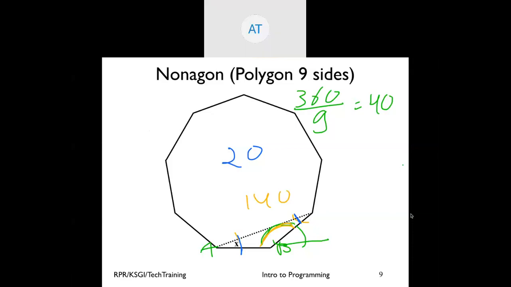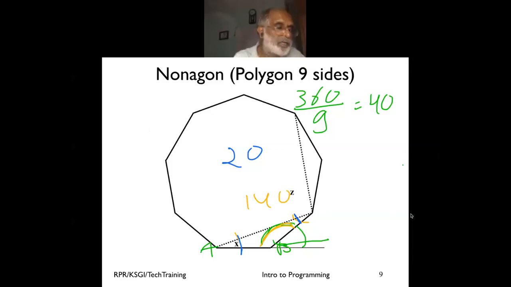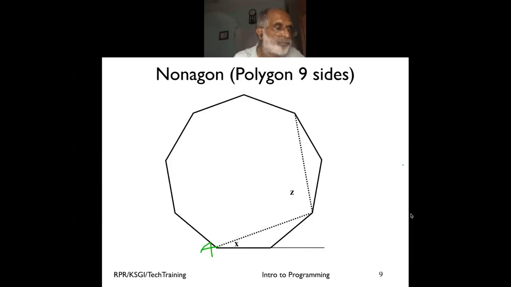So you draw this side. Sorry, let me go back. If it is a general n-sided polygon, what do we do? Let's say this angle is x, and we computed x, which is nothing but 360 by n, halved.